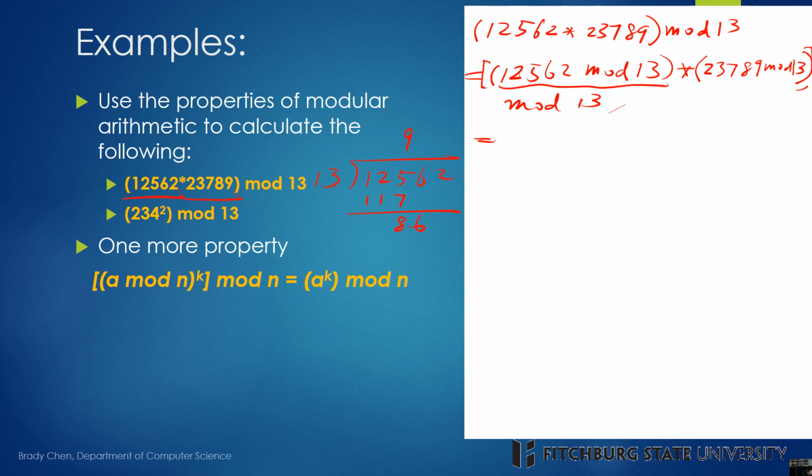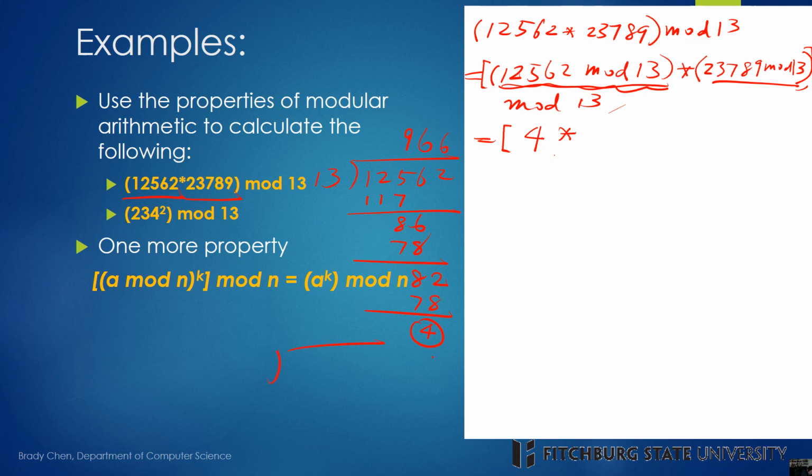Then we put the 6 again, 13 times 6 is 78, so 82 minus 78 is 4. So that's the remainder. The first one has remainder 4.